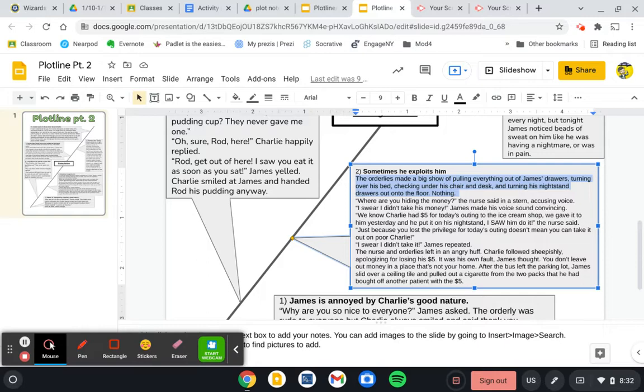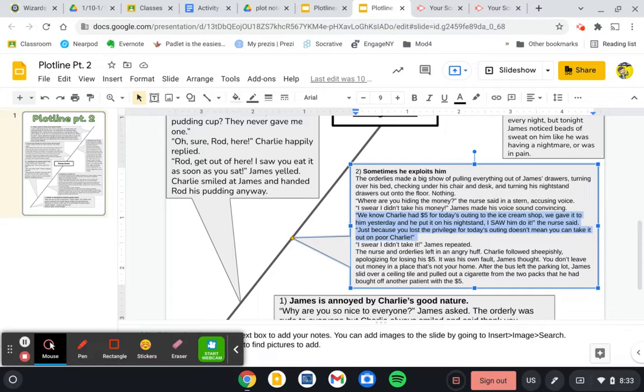The orderlies made a big show of pulling everything out of James's drawers, turning over his bed, checking under his chair and desk, and turning his nightstand drawers out onto the floor. Nothing. "Where are you hiding the money?" the nurse said in a stern, accusing voice. "I swear I didn't take the money." James's voice was convincing. "We know Charlie had $5 for today's outing to the ice cream shop. We gave it to him yesterday, and he put it on his nightstand.